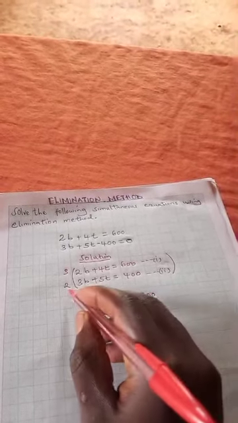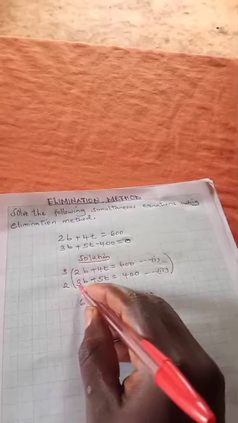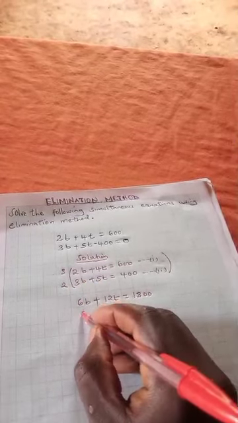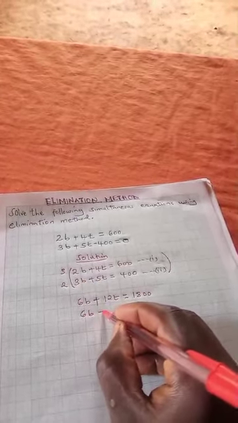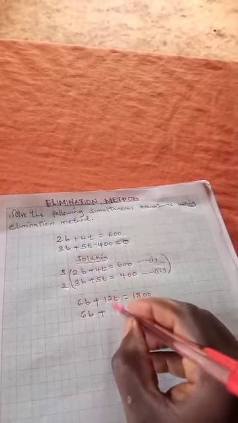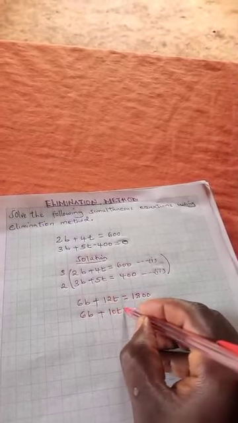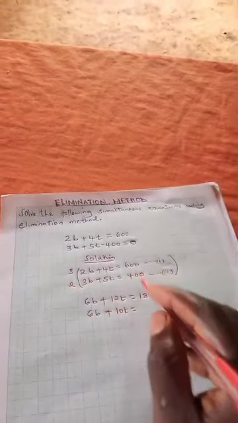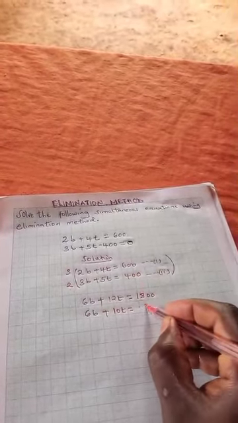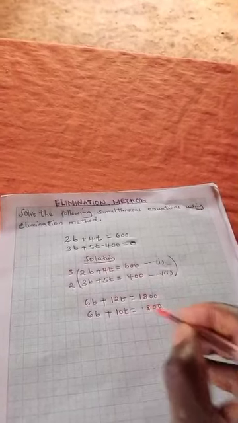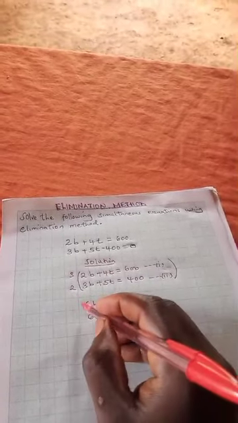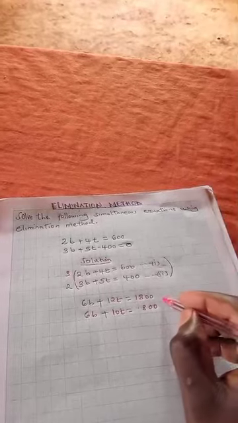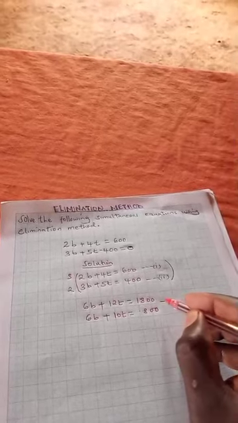Then 2 multiplied by 3 will give you 6b, plus 2 multiplied by 5 will give you 10t, and 2 multiplied by 400 will give you in fact 800. Now, for us to eliminate b, we will have to subtract the second equation from the first equation.